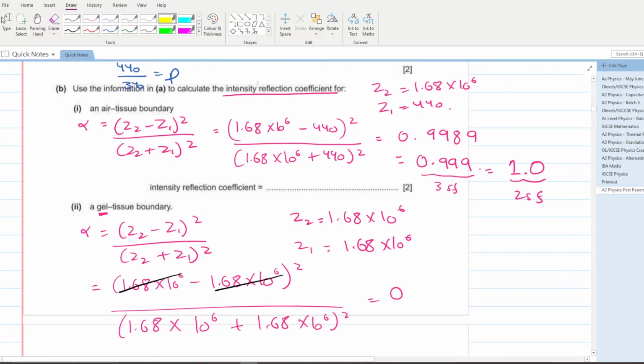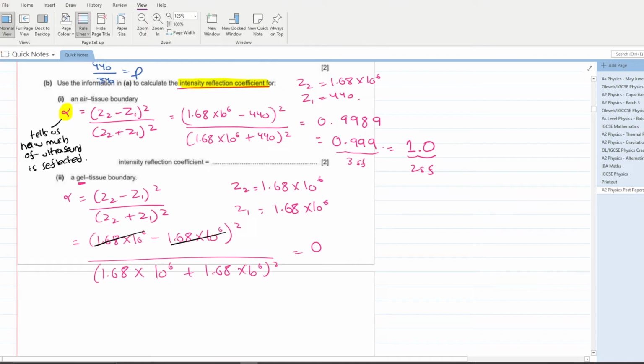See, this intensity reflection coefficient, or alpha, tells us how much of ultrasound is reflected. Okay, sir, how does this tell us how much ultrasound is reflected?